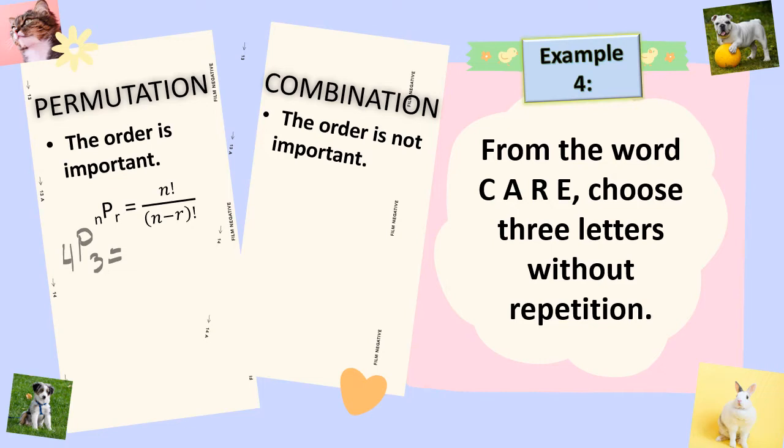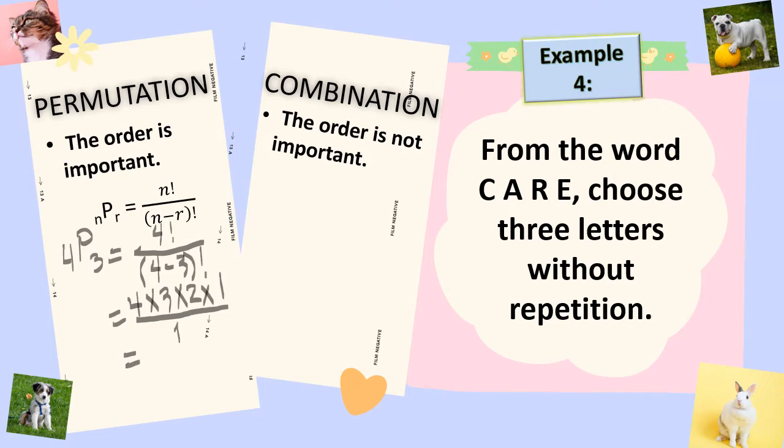Substituting the given values, ayan, 4P3 equals n is equal to 4 factorial divided by, open parenthesis, n is equal to 4 minus 3 factorial. So expanding the 4 factorial, which is 4 times 3 times 2 times 1 over 4 minus 3 is equal to 1 factorial. 1 factorial is equal to 1.